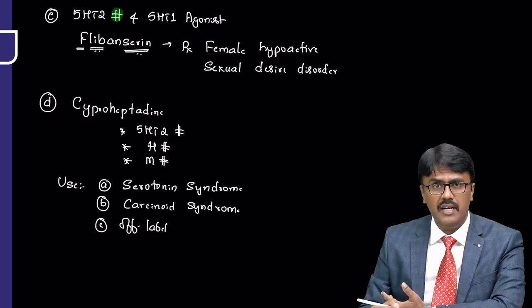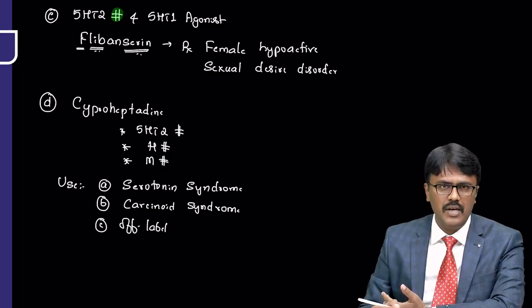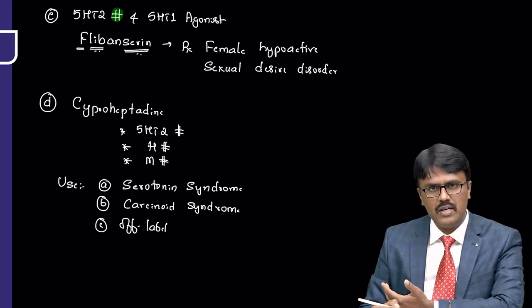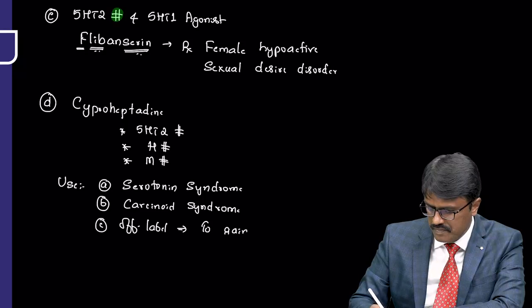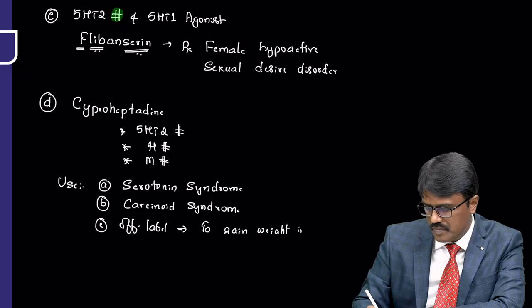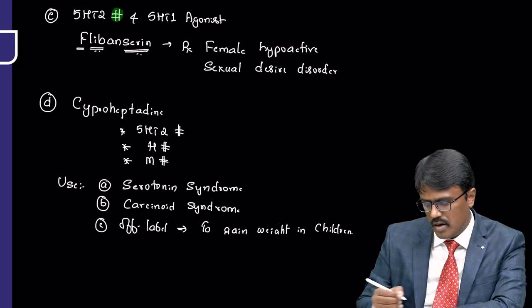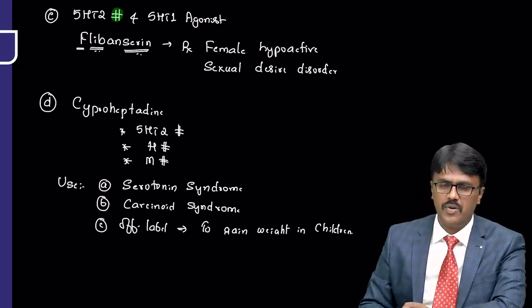Off-label means it's not FDA approved. So it has shown to increase appetite. The cyproheptadine has shown to increase appetite. So that is used off-label to gain weight in children. That is off-label, not a FDA approved use, cyproheptadine.